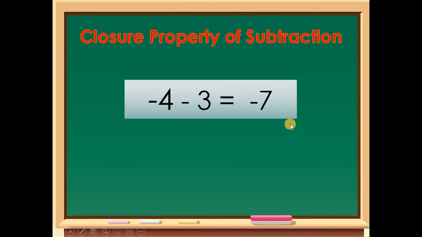Okay, next we have the closure property of subtraction. So as you can see, we have negative 4 minus 3 equals negative 7 by applying keep change. So we got negative 7. Pero itong negative 4 is an integer, while this positive 3 is an integer. So this negative 7 is also an integer. So we have closure. Okay, kapag pinag-subtract natin sila at integer pa rin yung lalabas, closure.